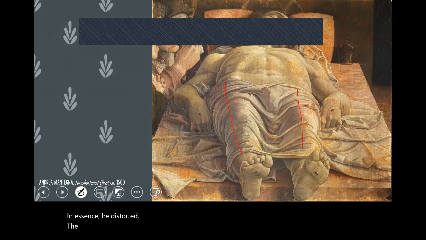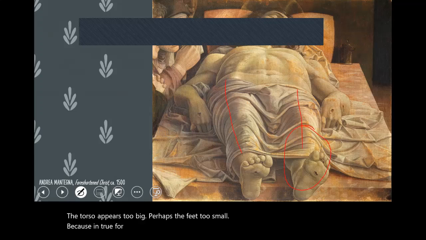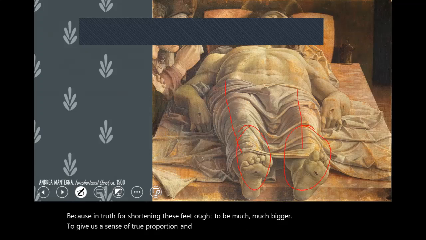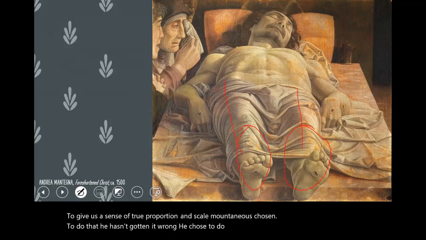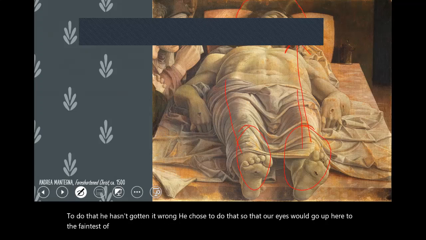So his legs appear too short, the torso appears too big perhaps, the feet too small, because in true foreshortening, these feet ought to be much, much bigger to give us a sense of true proportion and scale. Mantegna has chosen to do that. He hasn't gotten it wrong. He chose to do that so that our eyes would go up here to the faintest of glinting gold halos.